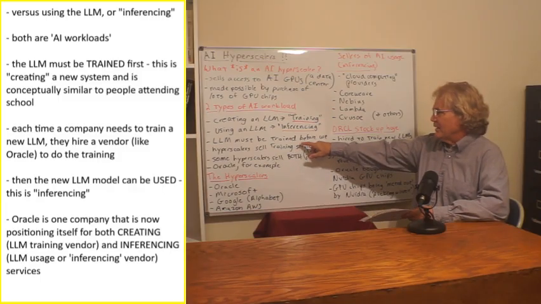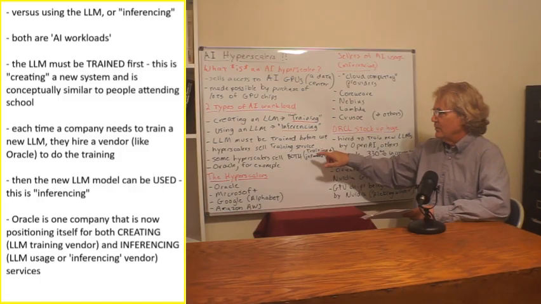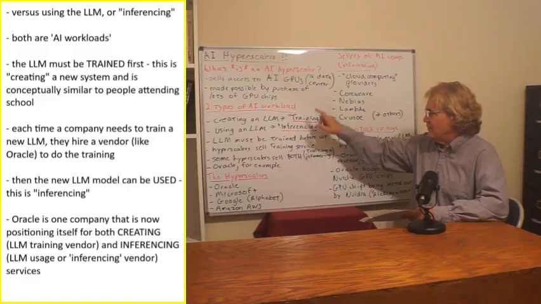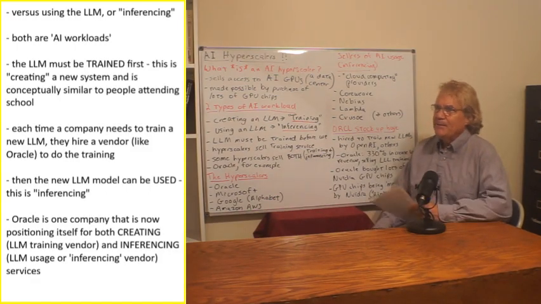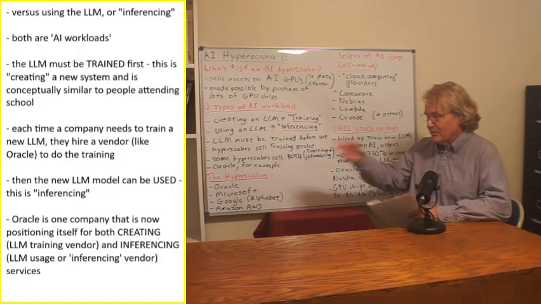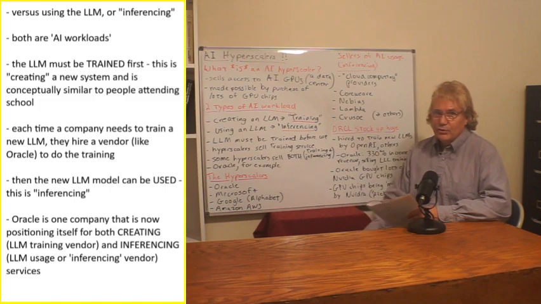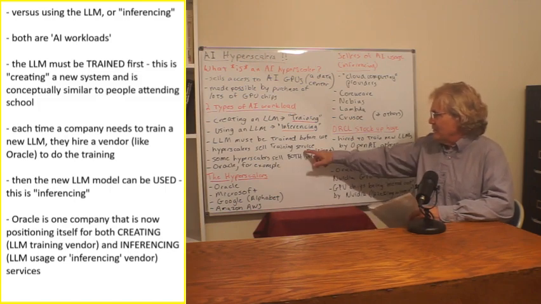The large language model is first trained before it's used, and hyperscalers tend to sell this training service. It's sort of like a college selling semesters, a four-year degree program. Colleges and universities sell that, so hyperscalers do the same thing.